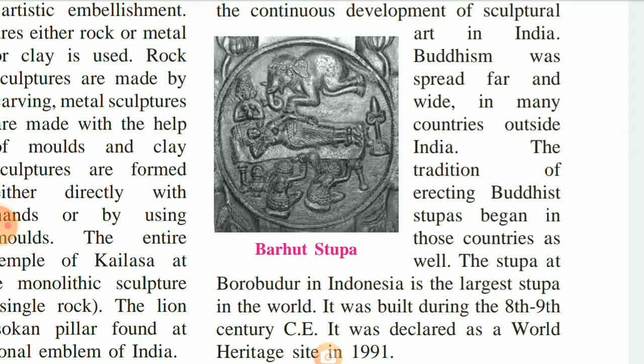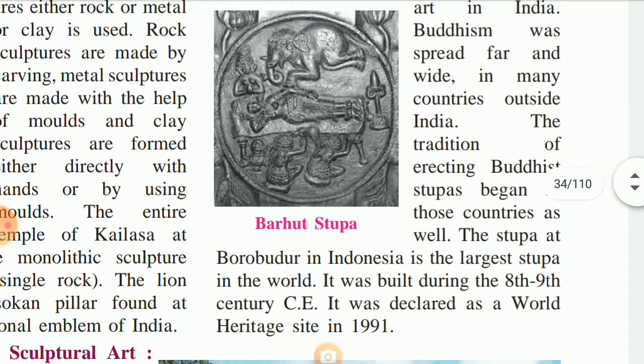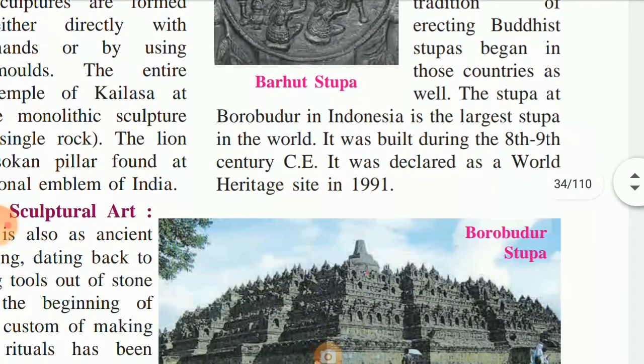The stupa at Borobudur in Indonesia is the largest stupa in the world. It was built during the 8th and 9th century Common Era. It was declared a World Heritage Site in 1991.